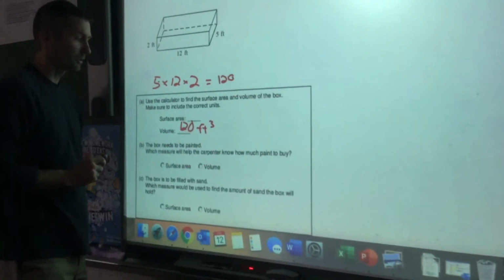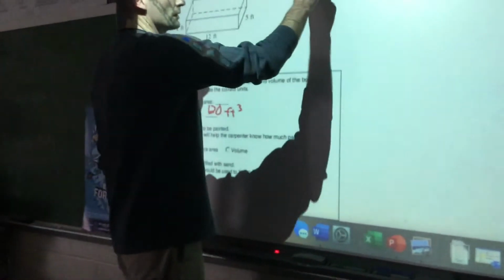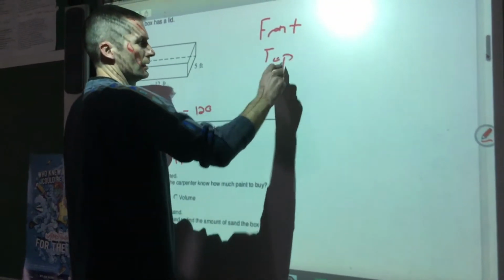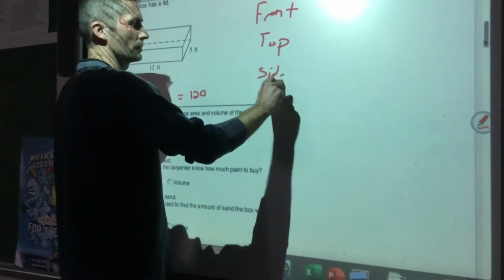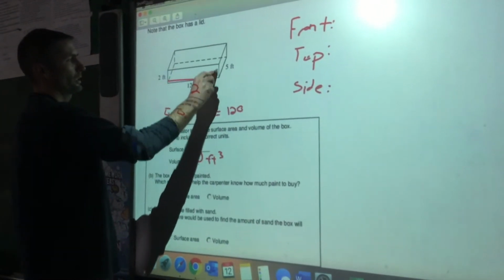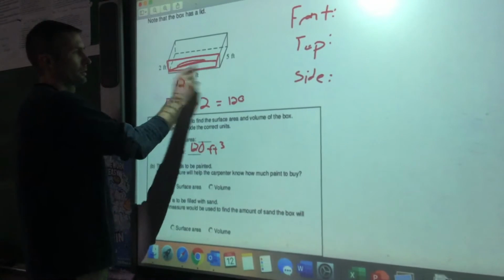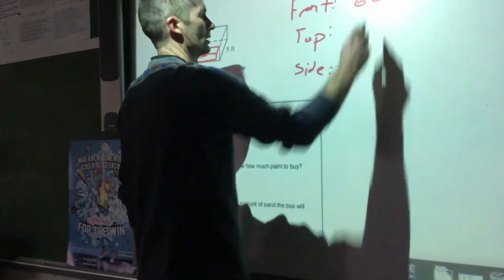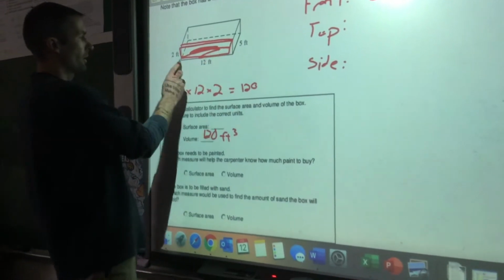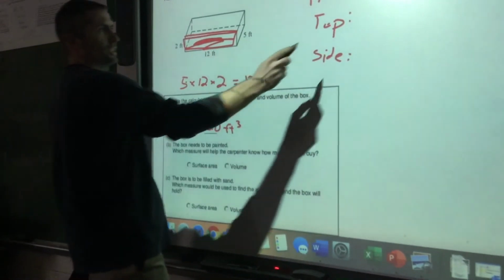Volume is always cubed. Surface area, last week's stuff. Find the front, find the top or the side, and then find the top or the side, front, top, side. The front is 12 times 5, so that front is 60. The top is 12, I'm sorry, oh, I messed up.